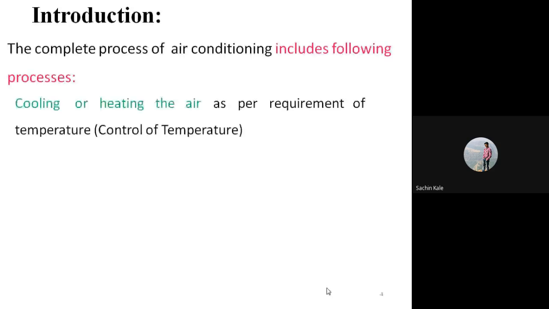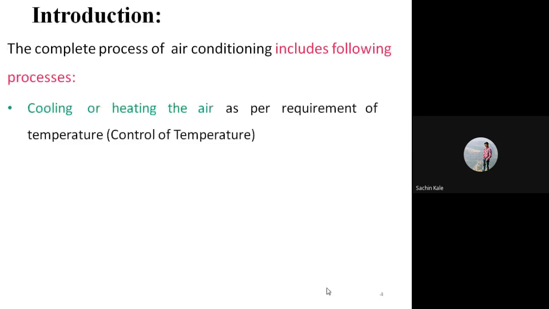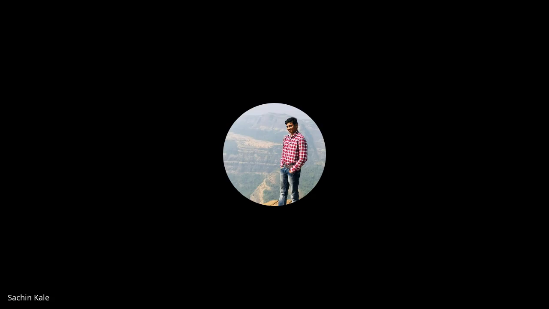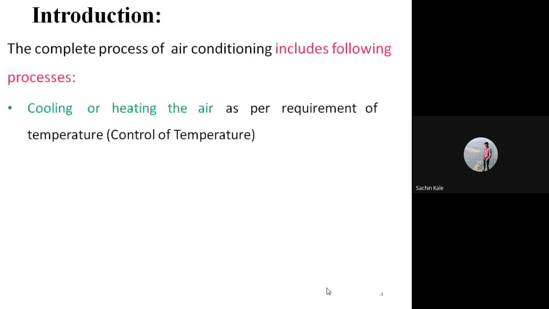Control of temperature means we have to either cool or heat the air as per our requirement, irrespective of external condition. Whatever the external atmospheric condition may be, if we want to maintain the desirable condition, then we have to either cool or heat that air.